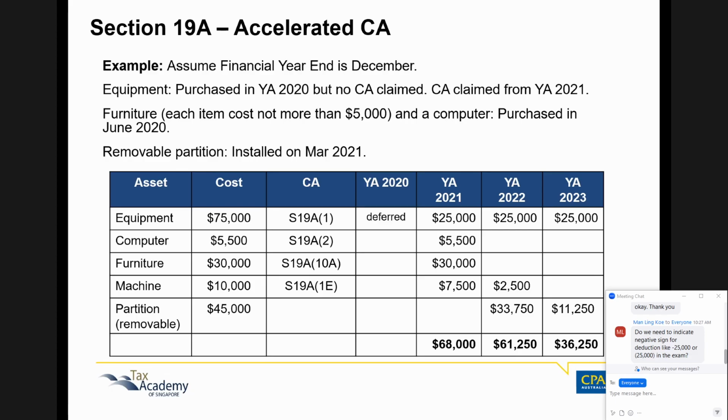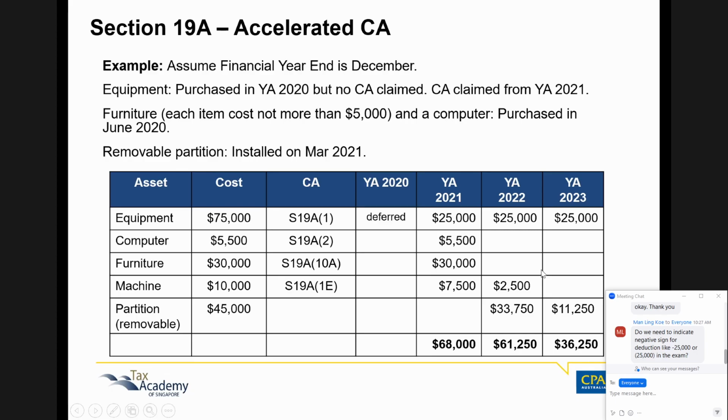So you look at this table, right? If the question, or in the tax computation, let's say you're doing YA 2022, then you have to know that you will not just look at the equipment or assets purchased in year 2021, but you also have to look at earlier years to see whether there are any carry forward values for you to claim.